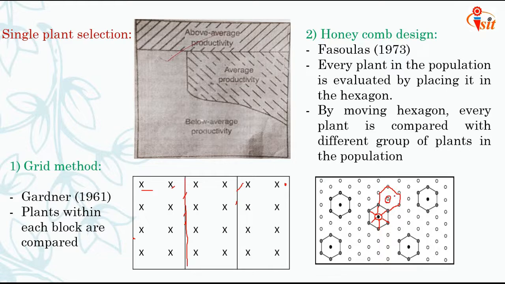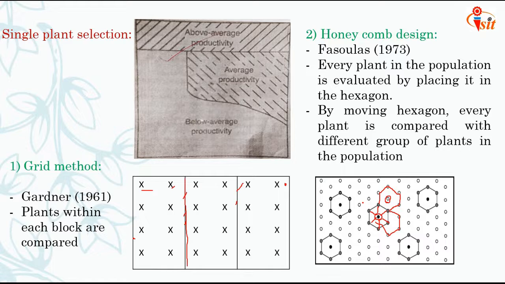So the comparison you are going to do here is the correct one, because every plant is compared with many other plants. Another reason it is called honeycomb is that the structure you make for comparing these plants with the help of hexagons looks like a honeycomb.